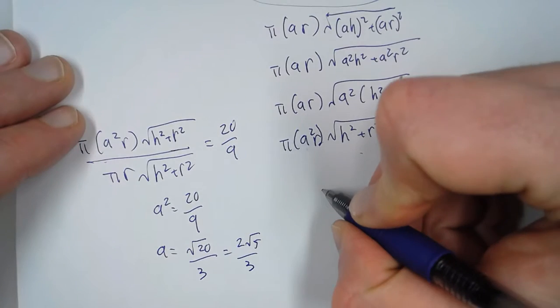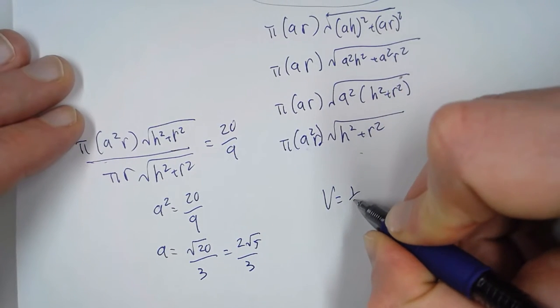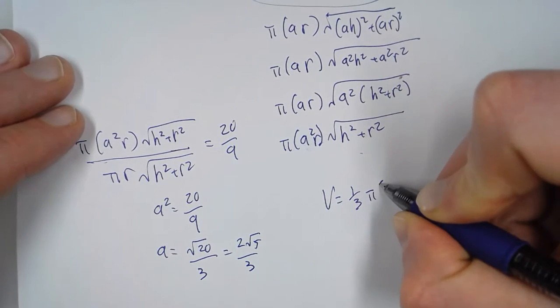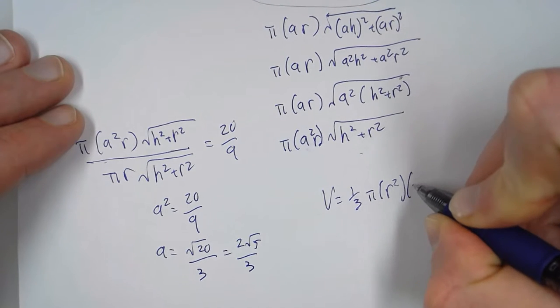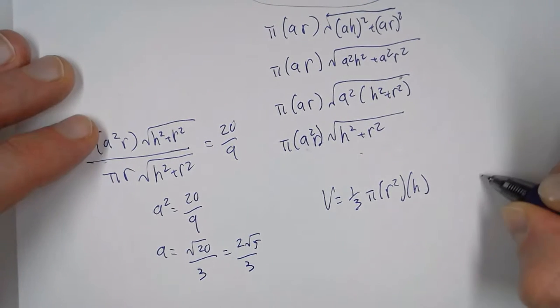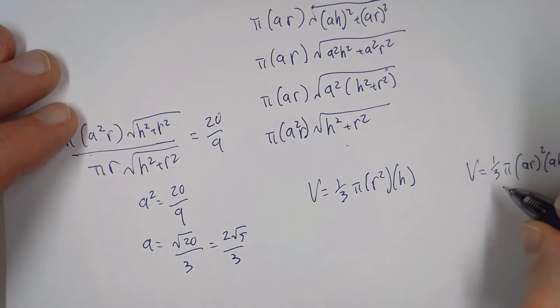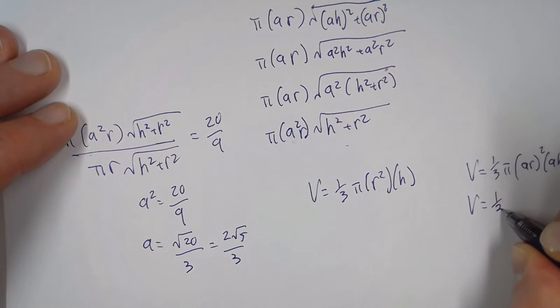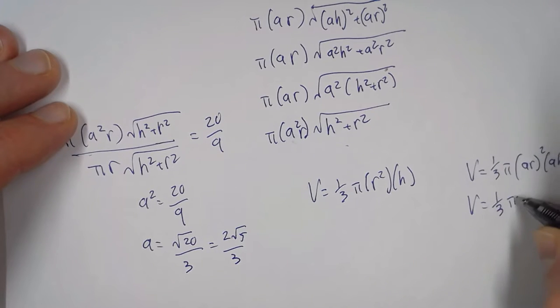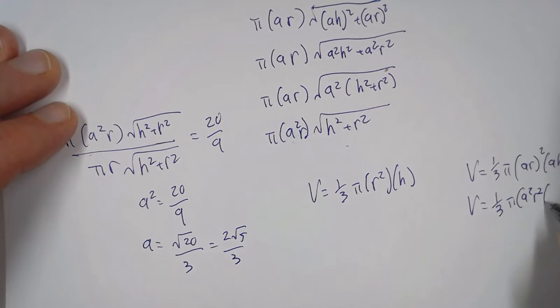So the volume of the first cone is 1/3 pi r squared times h. The volume of the second cone is 1/3 pi, and now instead of r, we're going to put ar squared times ah. If we square this, we get a squared r squared times ah.